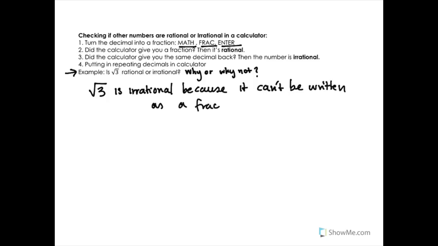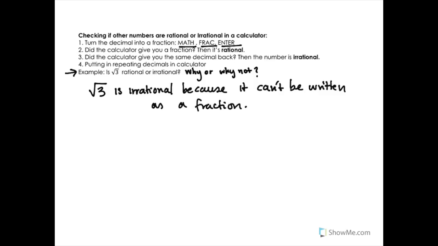On our papers, if we have a question like this that asks us to tell whether a number is rational or irrational, and we want to explain why, then all we have to do is write, well, the square root of 3 is irrational because it simply can't be written as a fraction.